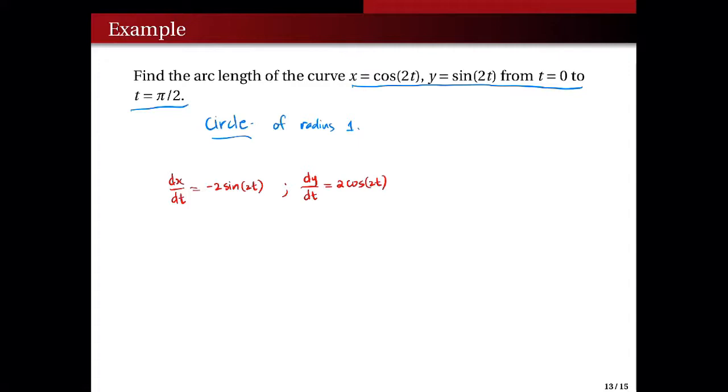So dx over dt equals 0 when t equals pi over 2 and 0. Whereas dy over dt is equal to 0 when t equals pi over 4. So they will not be 0 at the same time.